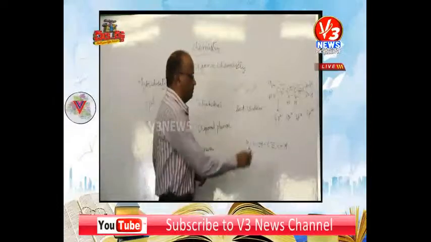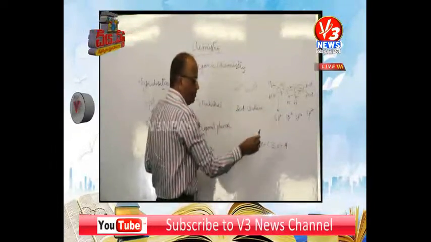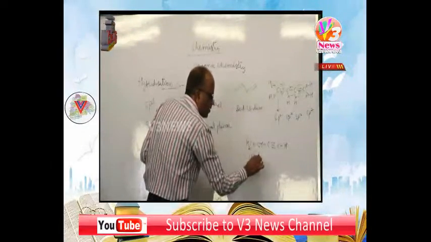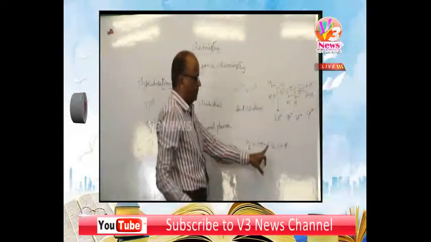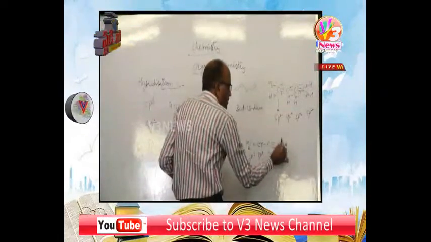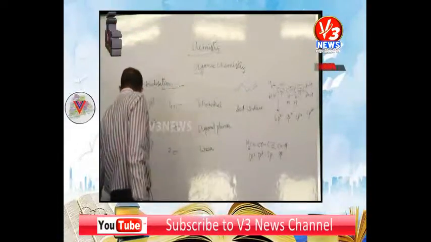If you take this carbon, you write in this elaborated way and find out the number of sigma bonds. Here 3 sigma bonds means sp2 hybridization. Around this carbon 2 sigma bonds, sp hybridization. Like this you have to find out hybridization.